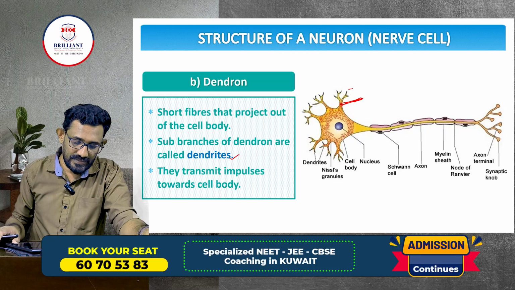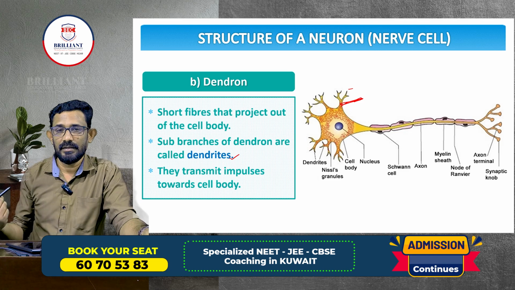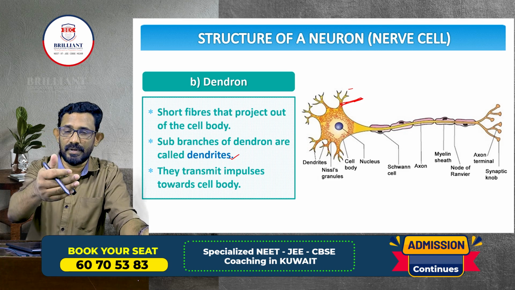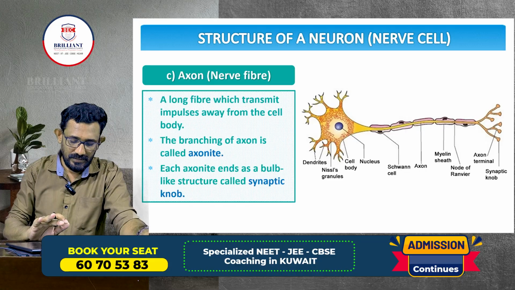Then what is the duty of these dendrites? They transmit impulses towards the cell body. So from outside all the impulses these dendrites are transmitting towards inside the cell body.